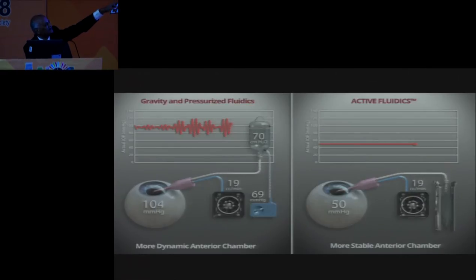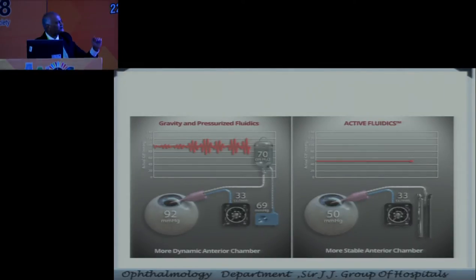You can see intraocular pressure is maintained at 49 to 50, at the optimum level throughout the procedure. That is because of the compressed bottle technology in the Centurion machine, which was not there when it was gravity-fed or with the bottle.